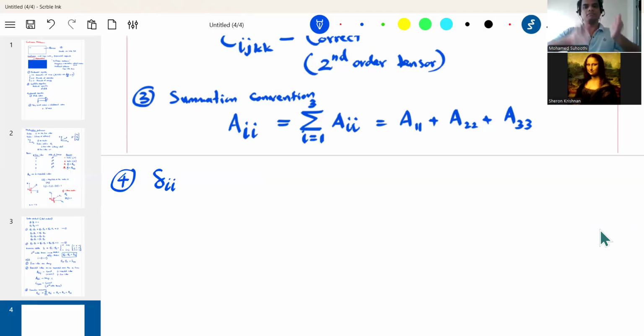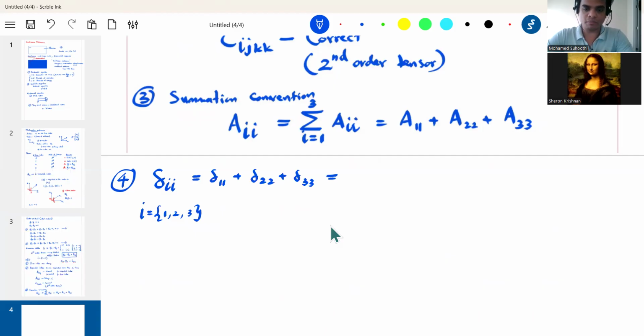That means first term plus second term plus third term. In every index here, i goes from 1 to 3, every time. So therefore delta 1,1 plus delta 2,2 plus delta 3,3. This is the answer for this one.